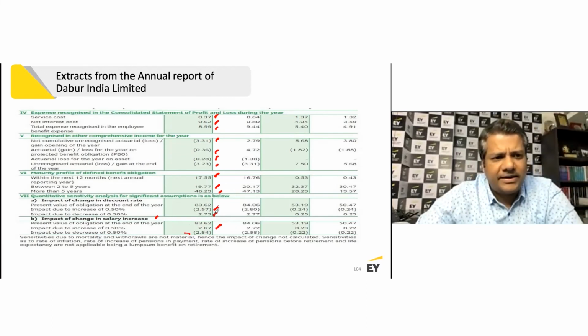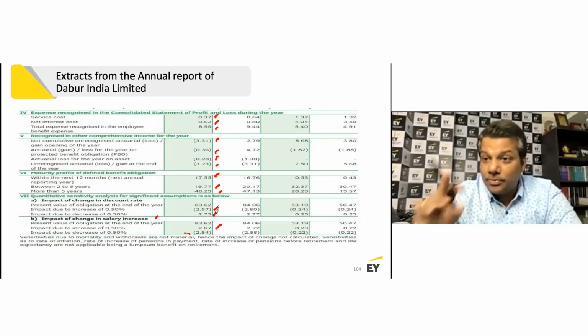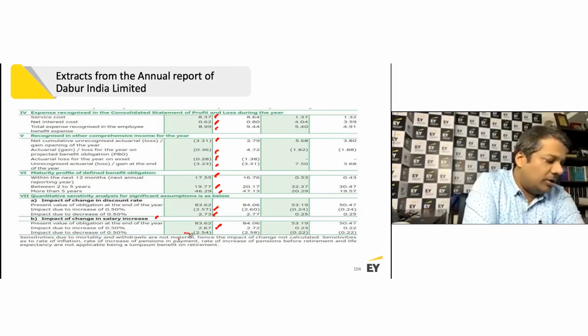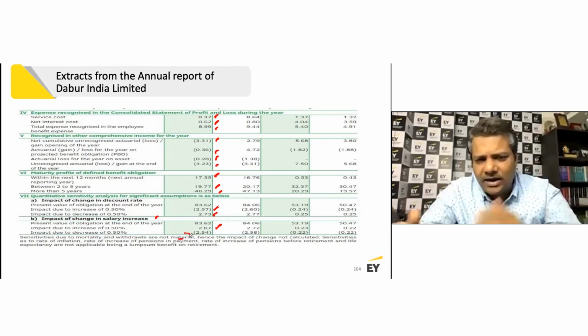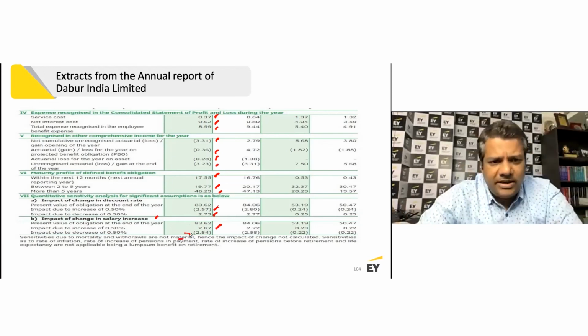Sensitivity due to mortality and withdrawals are not material. So they've said that there are assumptions, but the sensitivity risks are not material, and hence they have not been disclosed. But on the salary and the interest, the change could be material, and hence they have disclosed that.